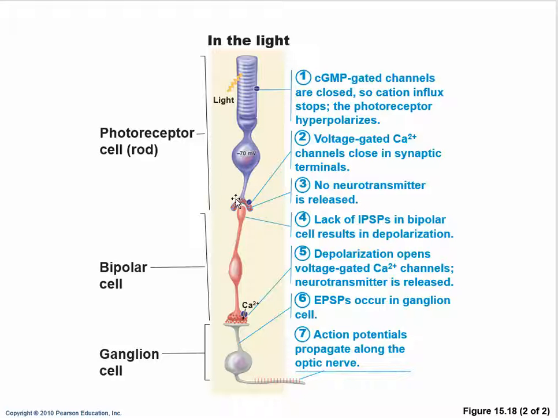So no neurotransmitter is released, so a lack of inhibitory neurotransmitters allows the depolarization, which allows a release of neurotransmitter to the ganglion cells, which will activate an action potential and transmit to your brain. So that's the basis of the transduction.